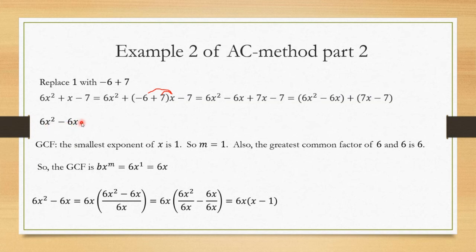So the greatest common factor among the coefficients is just 6 itself. So here the GCF is just 6 times x. I think I misspoke before. You have to get the GCF of each group here. That's just part of the process of factor by grouping.